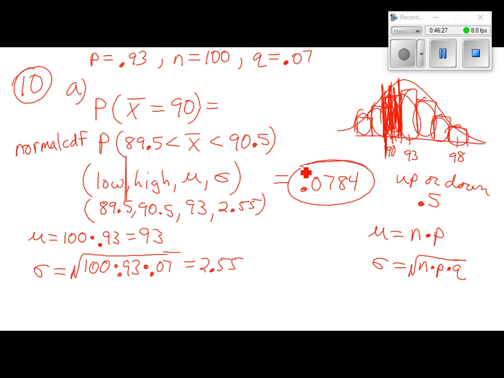Does anybody remember? I'm not sure about this. On the binomial. Let's try the binomial. Does anybody remember on your calculator, if you go to binomial PDF, anybody remember what all we had to put in for the binomials?